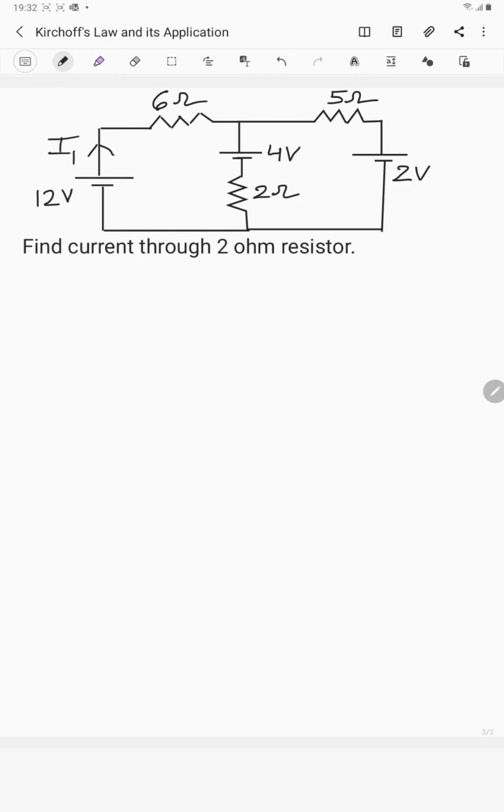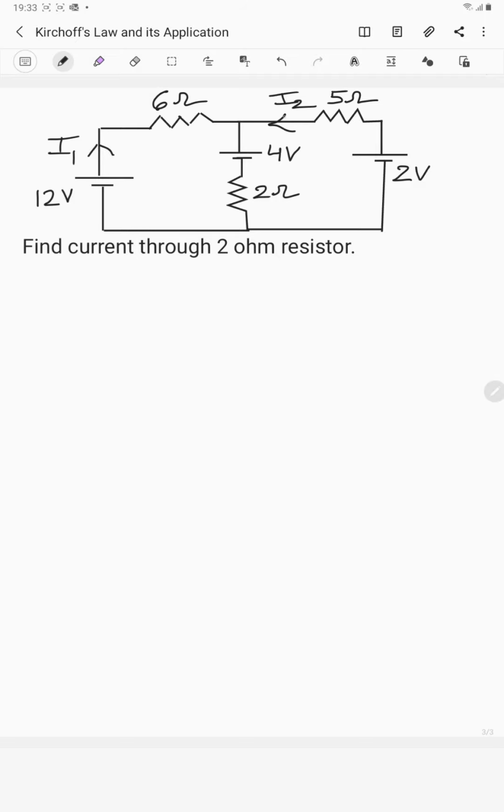Next, assume the current in this particular branch as I2. Now one interesting thing: this I1 and I2, we can assume in any direction, there's no issue.